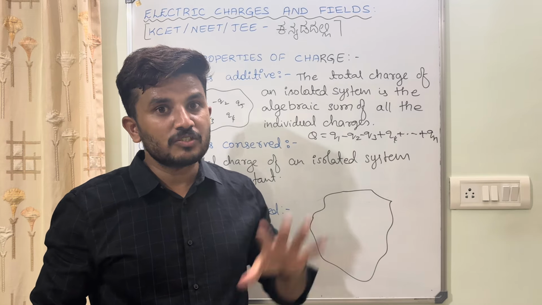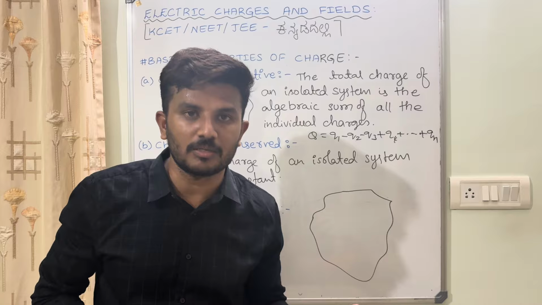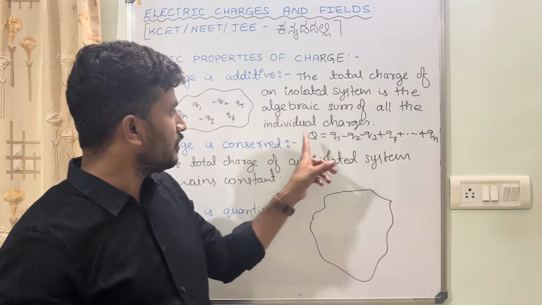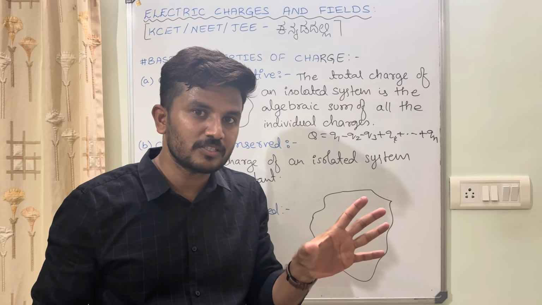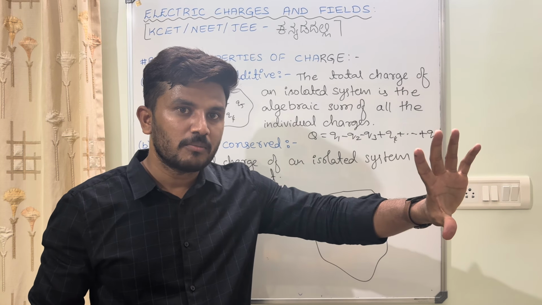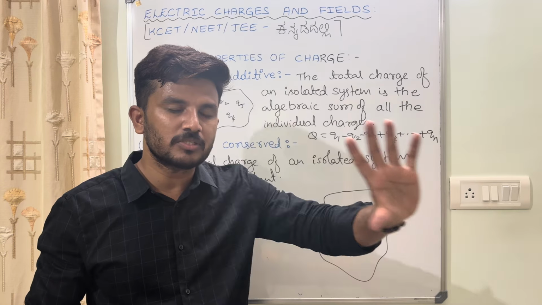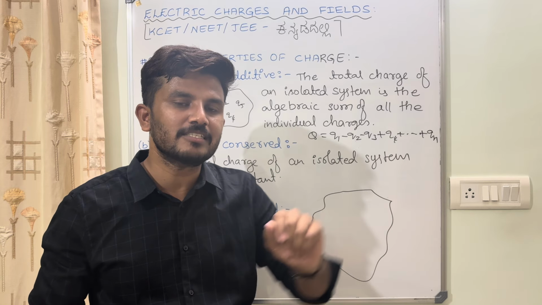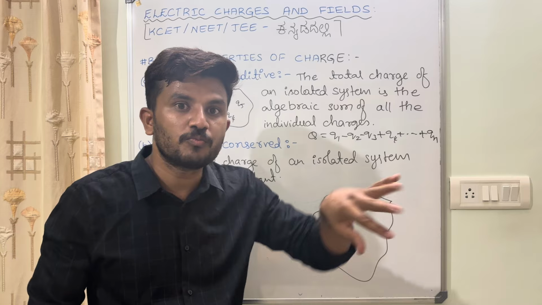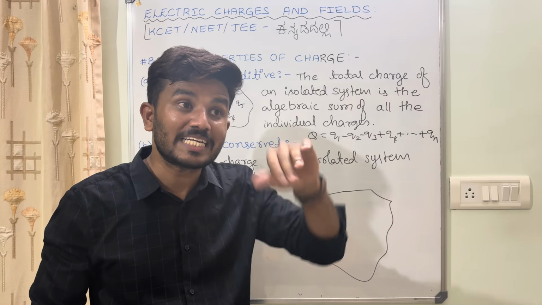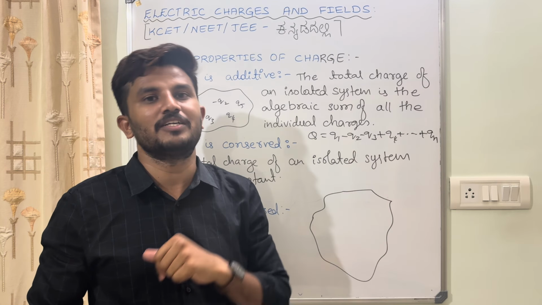If it has 10 protons and 10 electrons, it is neutral, because according to the additive property of charge, 10 positive charges and 10 negative charges get cancelled. Total charge will be 0. If electrons are more, the body is negative. If protons are more, body is positive. That extra charge that we have, we need to consider.